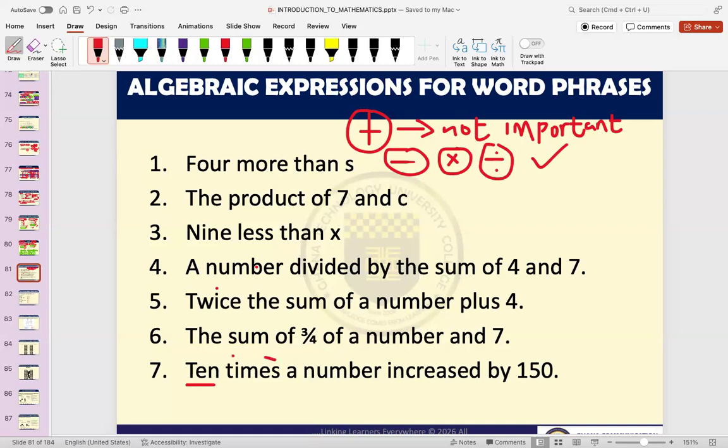10 times a number increased by 150. So let the number represent X. Increase is positive by 150.